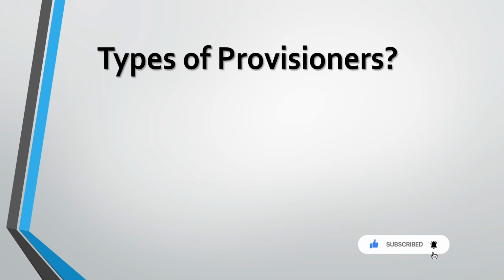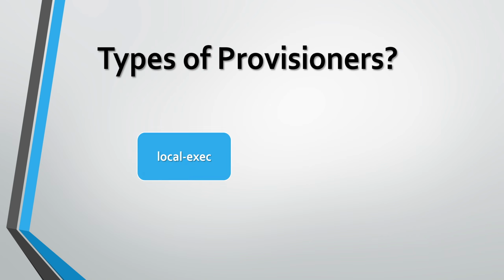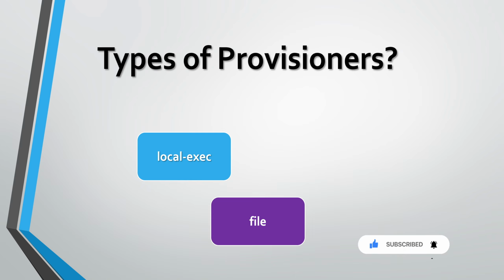There are a few types of provisioners available in Terraform. First one is local-exec. This type of provisioner will help you execute some setup or configuration on your local machine. Then we have the file provisioner.